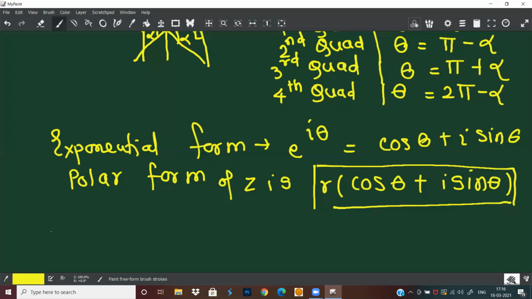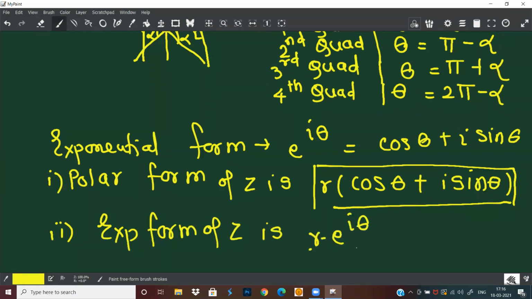ये एक polar form है and exponential form of z in general, जहां r का value 1 नहीं होता है, is r into e raised to i theta. No, we have to solve the sums on this. I will be taking the sums based on this.